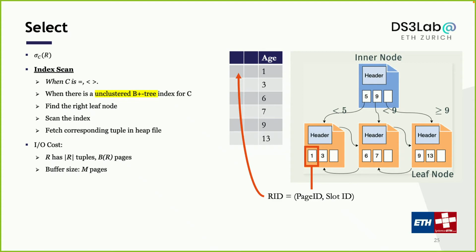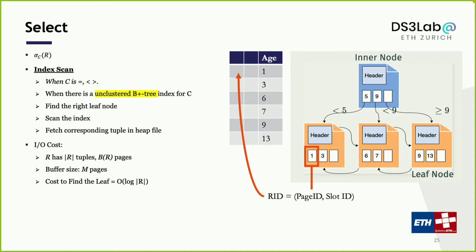The cost can be decomposed into multiple components. The first component is to identify the leaf node. You need to go from the root all the way to the leaf, which equals the depth of the tree. In the bigger sense, that's log R, log over how many tuples you have. That's the depth of this tree.